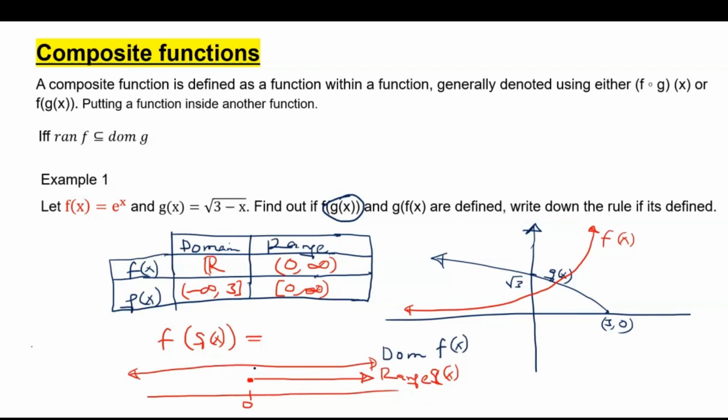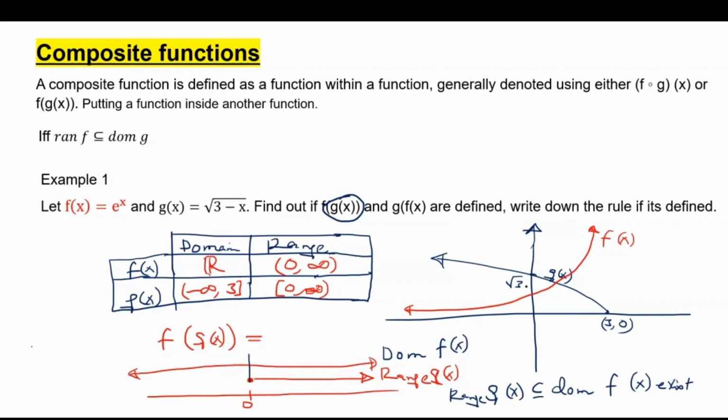So now you can easily see that this is part of that. So the range of g of x is a subset of the domain of f of x. So it does exist. Yeah, the composition does exist.